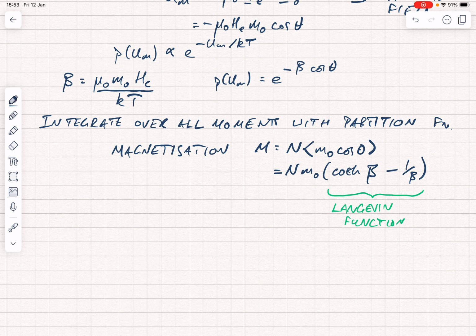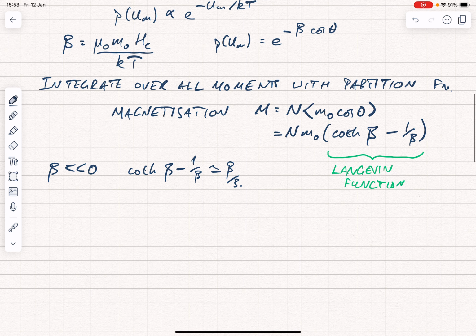You can show that for small values of beta, very much less than 1, then you can approximate the Langevin function, which is coth of beta minus 1 over beta, by beta over 3. And if we use that, then we can show that the magnetization M is given by N m0 beta over 3. If we substitute in for beta, then we get the following.